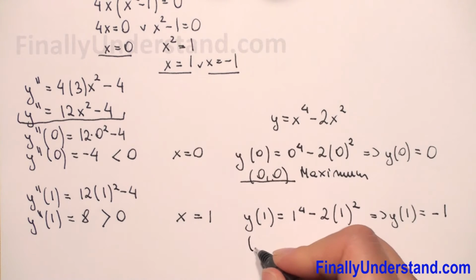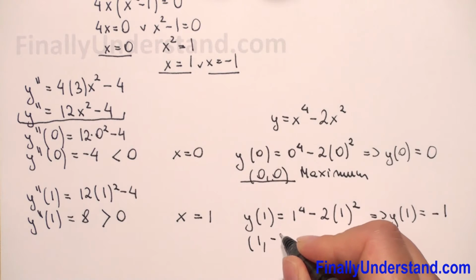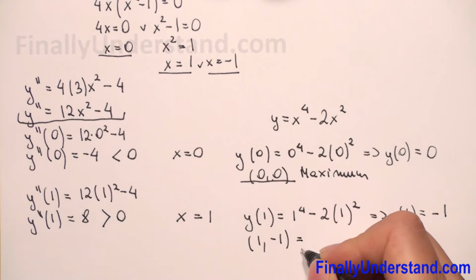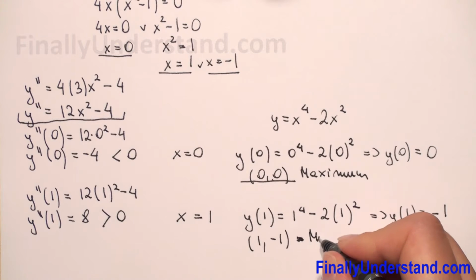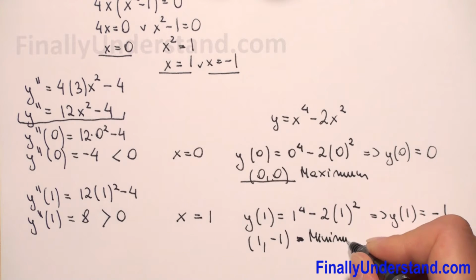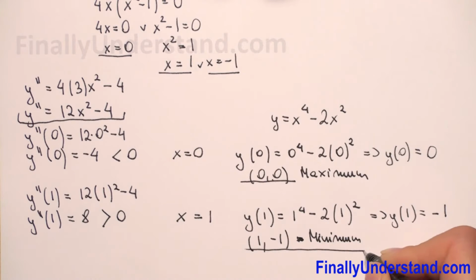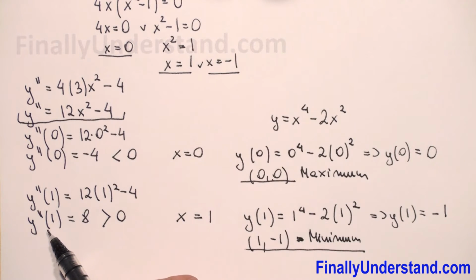So we have the point 1, negative 1. And at this point, we have a minimum. Why a minimum? Because the second derivative for x equals 1 was positive.